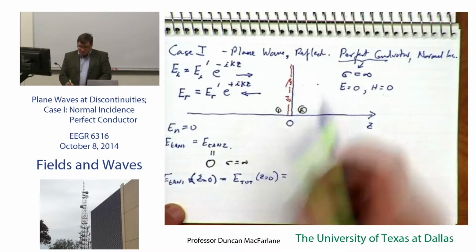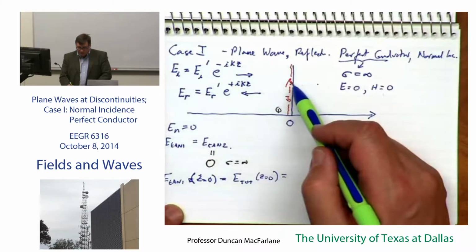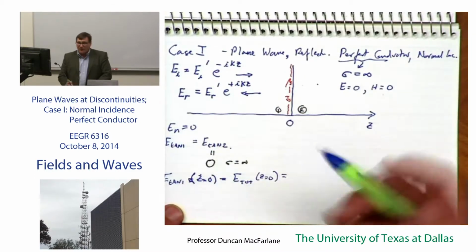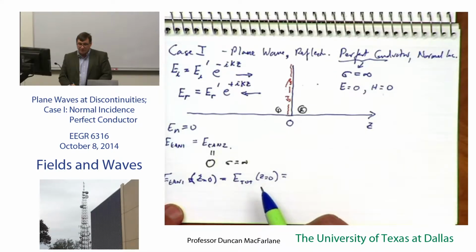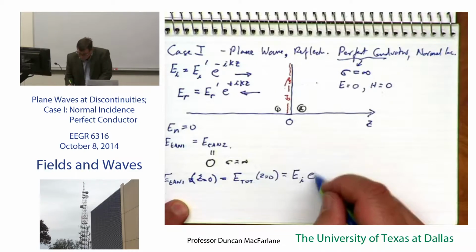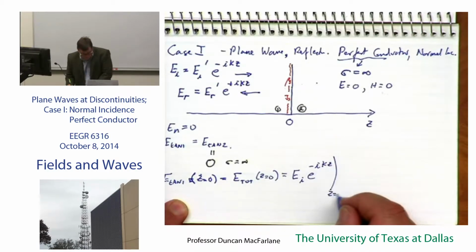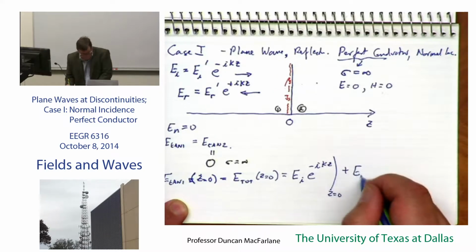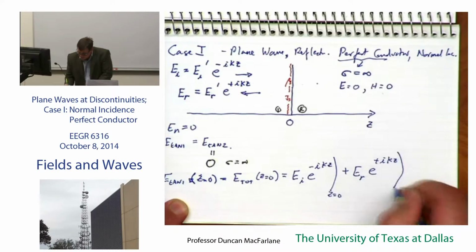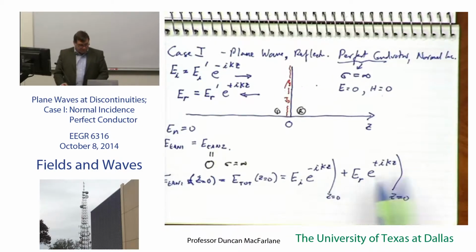And the total electric field at z equal to 0 is the incident wave evaluated at z equals 0 plus the reflected wave evaluated at z equals 0. So this is equal to the incident plus the reflected.